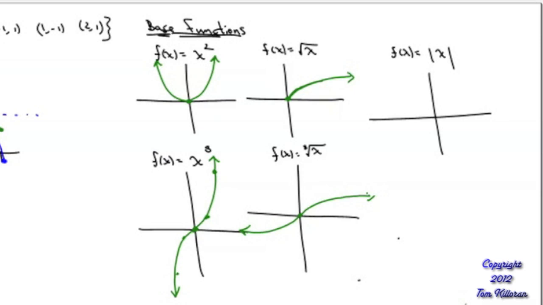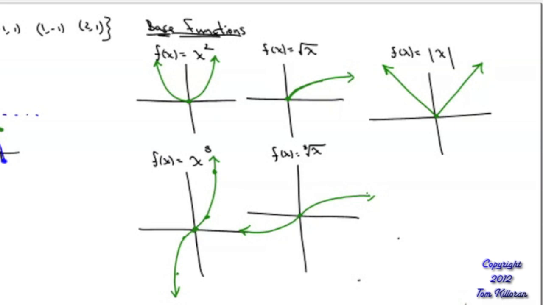So it goes up 1, over 1, up 1, over 1, and it starts at the origin. Then when you go to the other side, it has to stay positive, so it wants to come down into the third quadrant, but the absolute value forces it into the second quadrant. So you get a V.